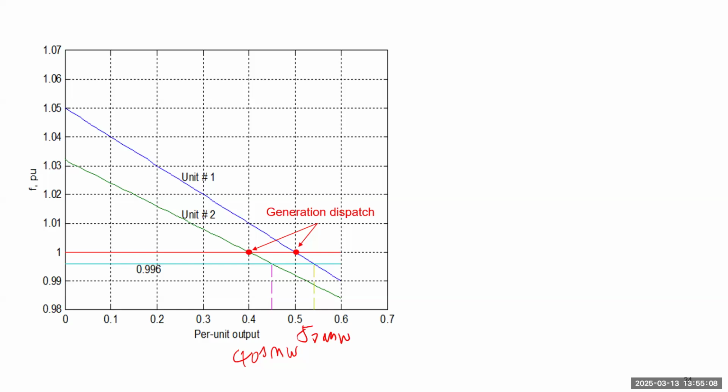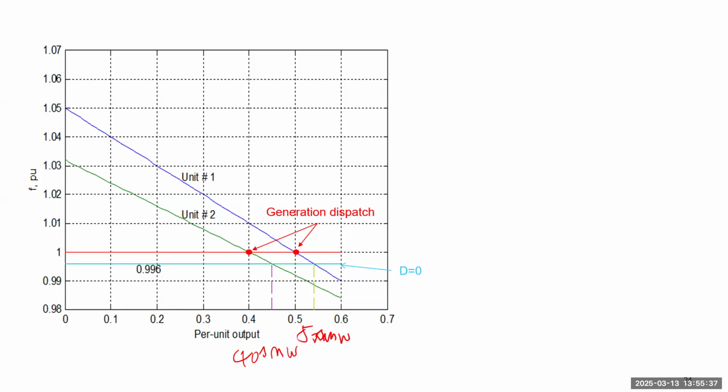Those could be the 2 points reflecting the generation dispatch. If you have an electricity market, you have economic dispatch, and the dispatch will determine their output, 400 or 500 at 60 Hertz, to give you the minimal fuel cost or maybe the largest benefit by solving an optimization problem. Now the load increased by 90 megawatt.